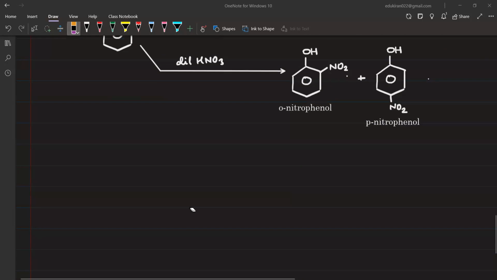Write some notes here. First point that you are going to write here is regarding the O-nitrophenol and P-nitrophenol. Both of them have different boiling points, and that is why they can be separated via steam distillation. First point, you are going to write this only.